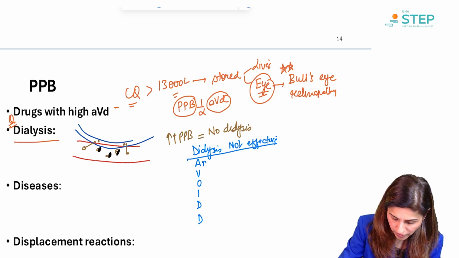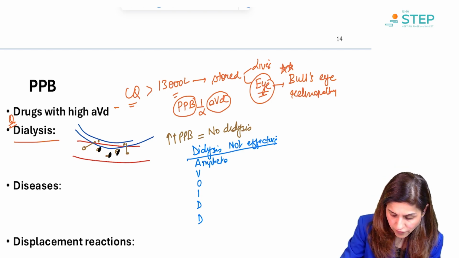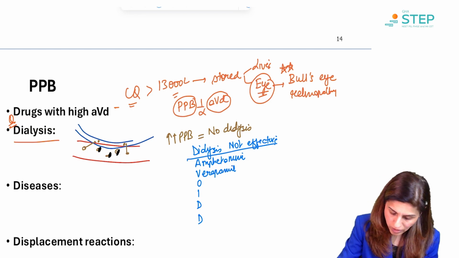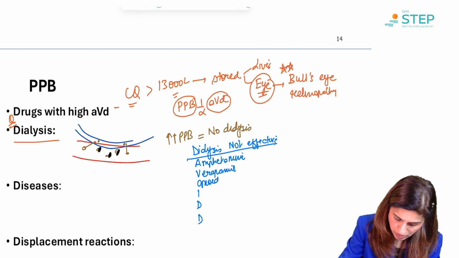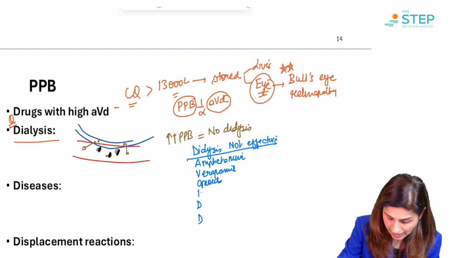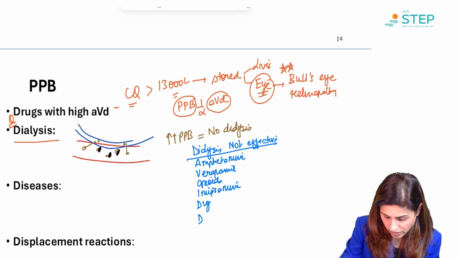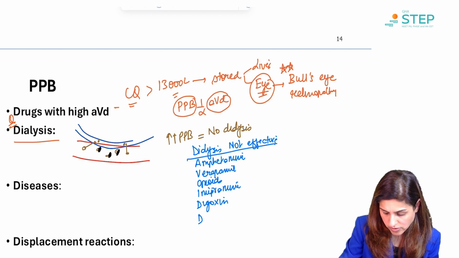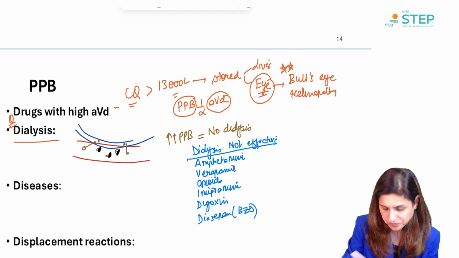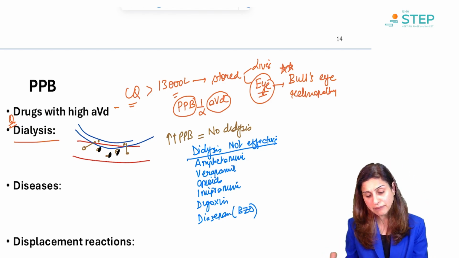So A is for amphetamine, V is for verapamil, O is for opioids, I is for imipramine, D is for digoxin, and D is for diazepam, or you can remember your benzodiazepines as such. So they can't be removed easily by dialysis.